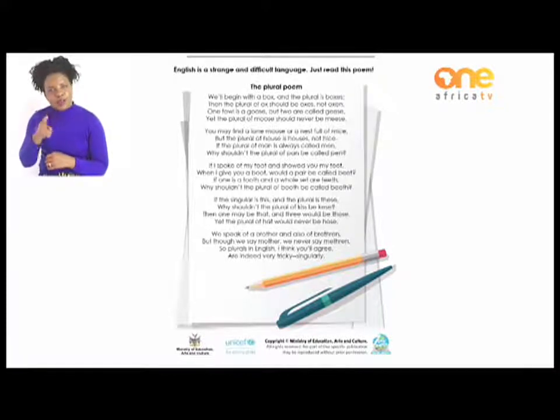If I spoke of my foot and showed you my feet, and I give you a boot, would a pair be called beet? If one is a tooth and a whole set are teeth, why shouldn't the plural of booth be called teeth? If the singular is this and the plural is these, why shouldn't the plural of kiss be keys?